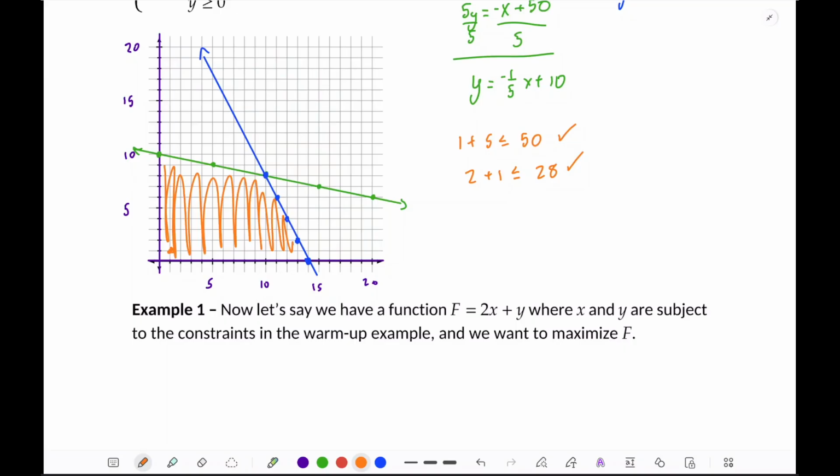Now I'm going to explain why this is true on the next page, but for right now, I know my answers have to come from here. One way you could do this, but we don't want to, is to take every single point in this region, plug it into f, and see which one gives you the largest answer.